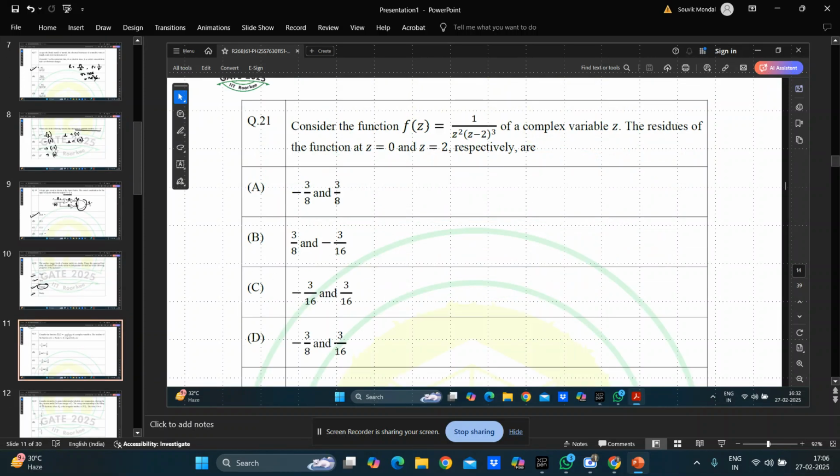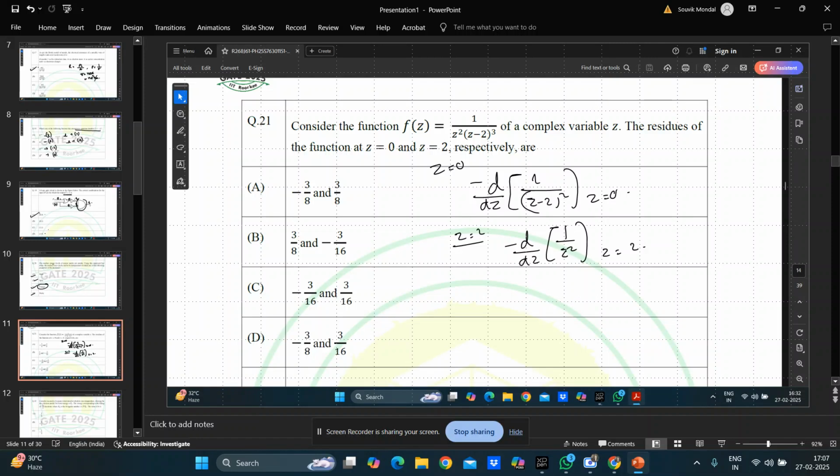For this question, the residue, you already know that it is a second order pole, so the technique is minus d/dz of (z minus 2) whole square at z equal to 0, and for z equal to 2, the technique is minus d/dz of 1 by z square at z equal to 2, right?